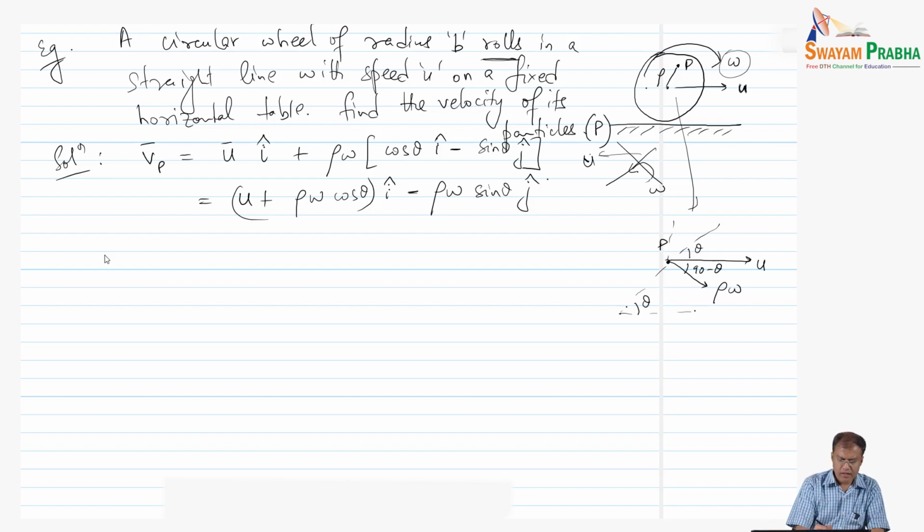So if we were to find the velocity at, let's say, the point Q, so what is V at Q? So V at Q is u plus rho omega. Notice that our angle theta is this particular angle. Well, I need to make sure. So what is this angle? Hold on.